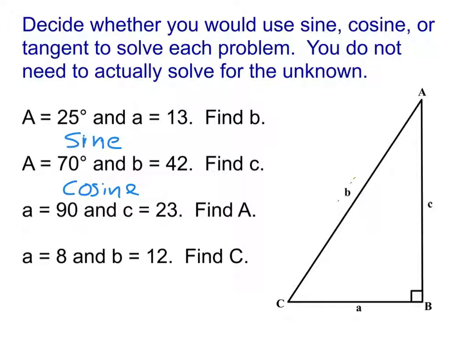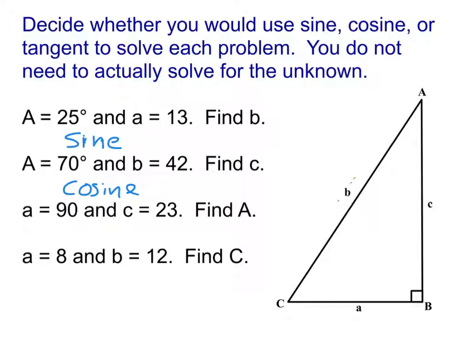All right, next problem. I have side A, side C, and I'm wanting to find angle A. The fact that I'm trying to find angle A instead of being given it doesn't change how I approach this first step. I still know that everything is relative to angle A. So it's, what do I call side A? Opposite. That's still the opposite. What do I call side C? It's still the adjacent.